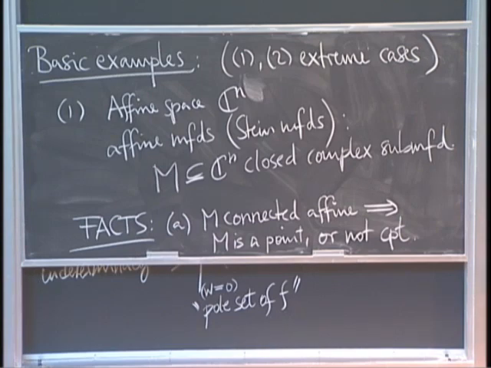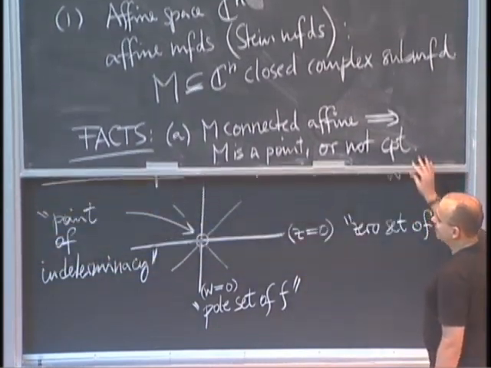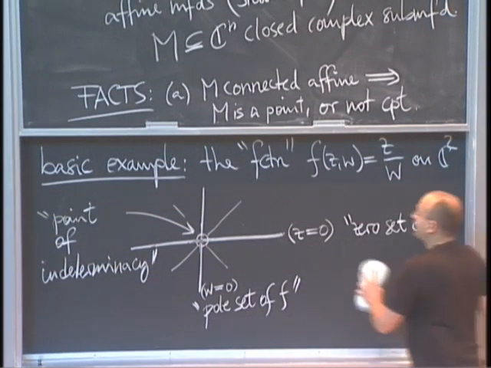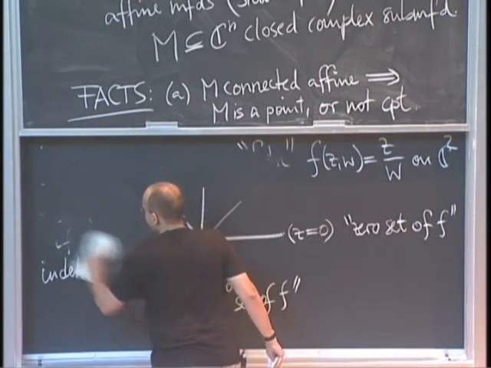It's a PDE argument. There's a pointwise way of proving that by using the maximum principle, and there's a slightly nicer way that I prefer, using an integral identity. So affine space doesn't contain any compact complex submanifolds.